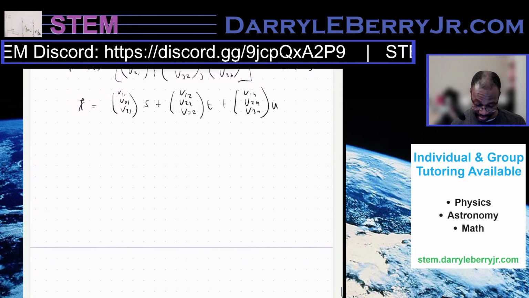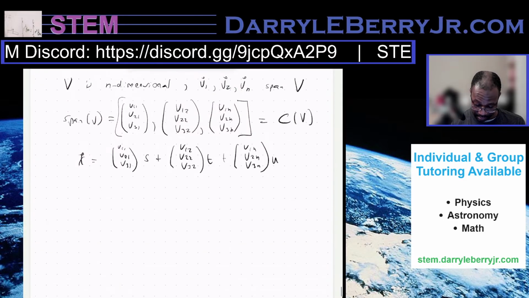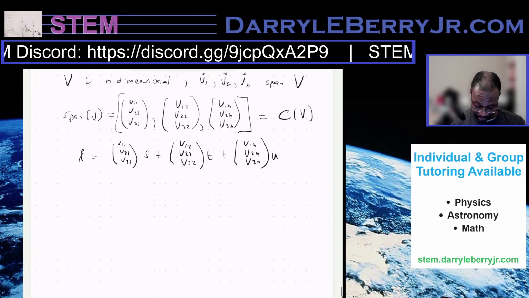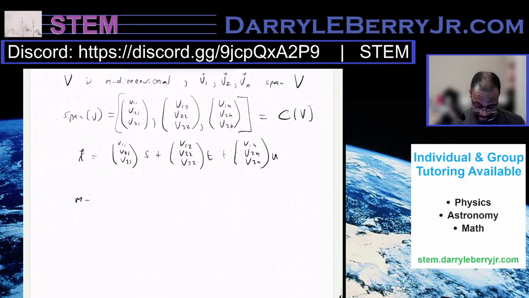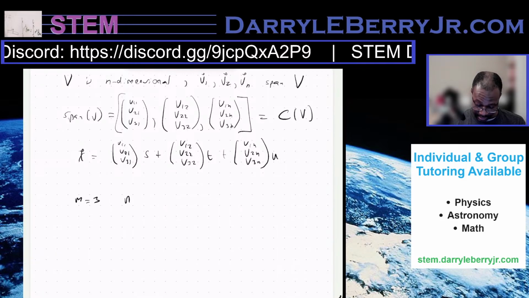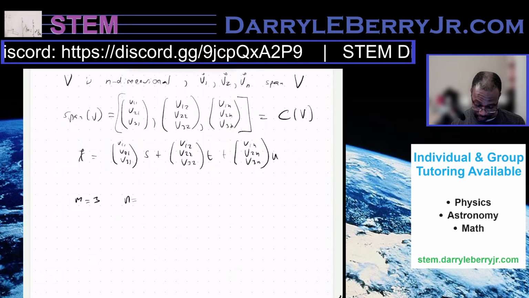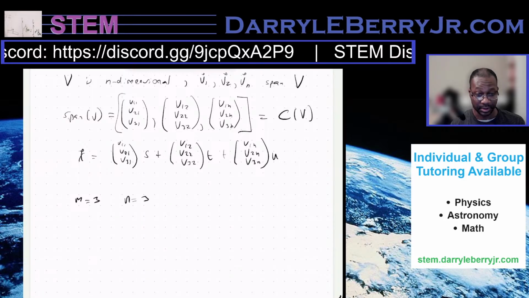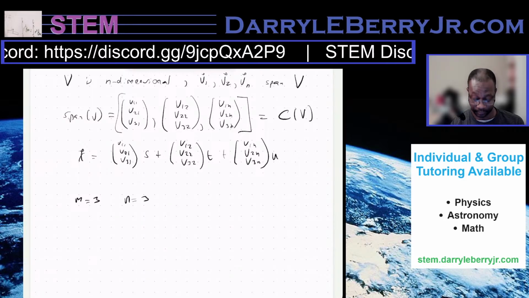Consider the m by n matrix A. Here m equals 3 and n equals 3 as well, but you can see n.